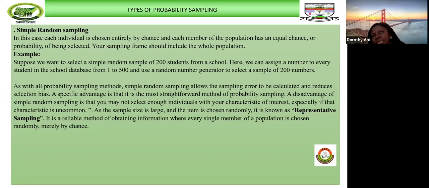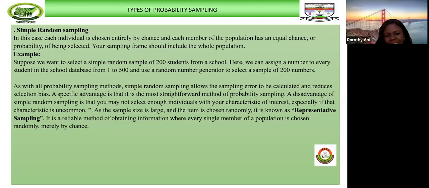Because if I am interested, for instance, in that group that is wearing that green color, and it's only one person that I'm sampling, I may not be able to generalize the findings that everybody that is wearing green is included. I don't know whether you are following. So you know that not everything that has merits is without demerits, right?